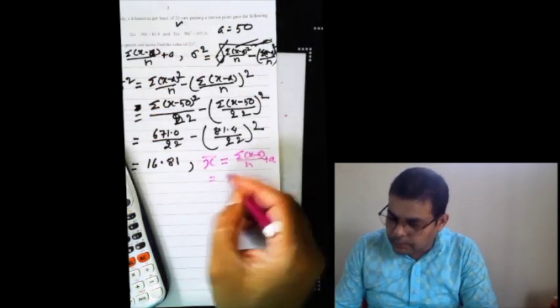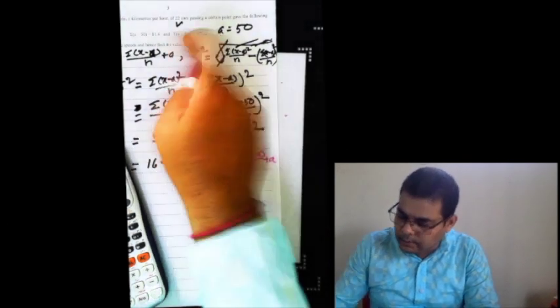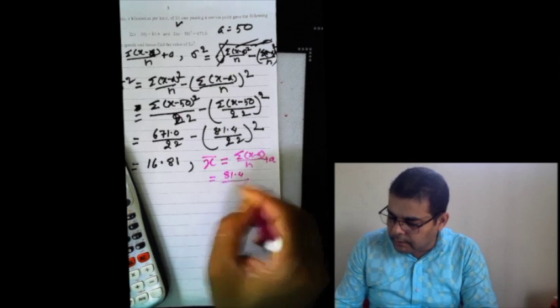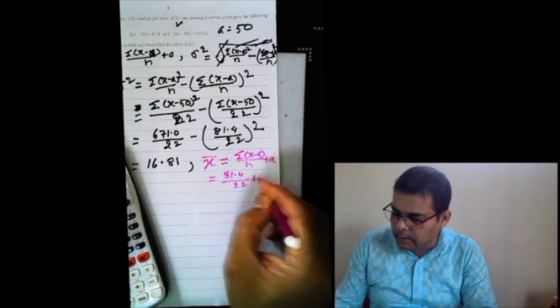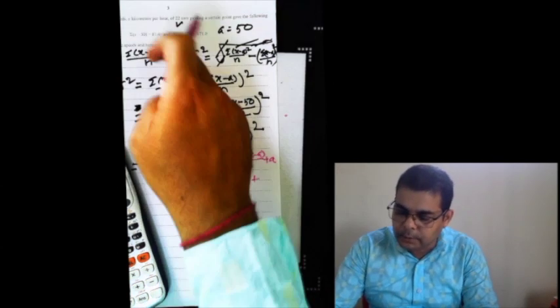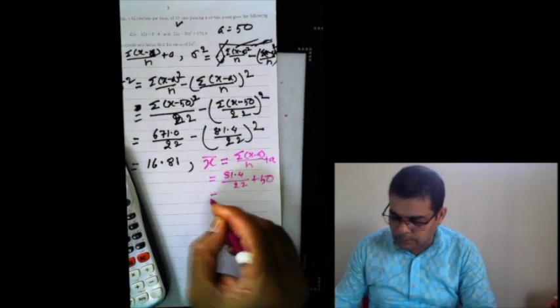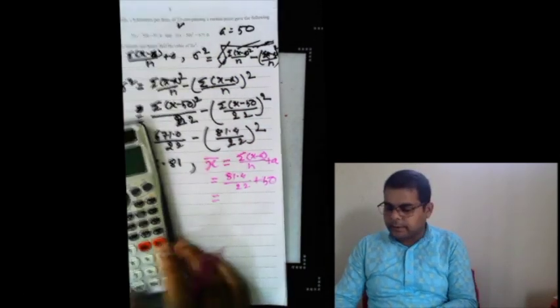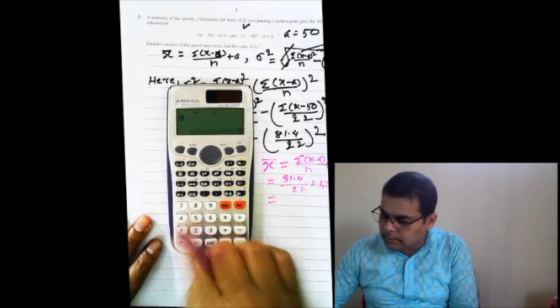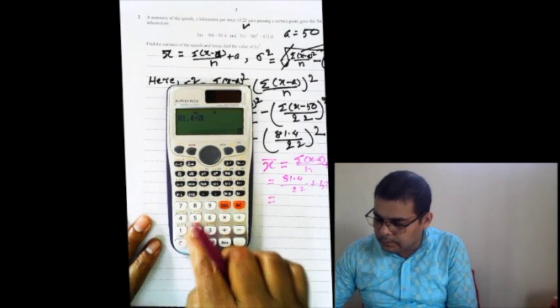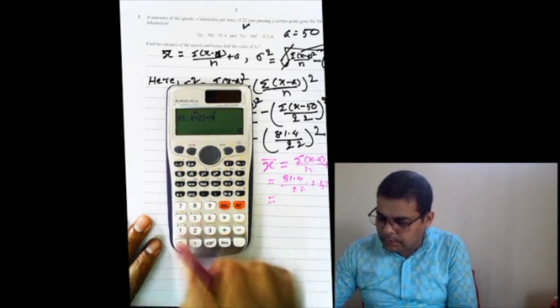So we can write x bar minus 50 value is 81.4 divided by n, which is 22, and plus a, you can see here in place of a there is 50, so you can write 50 here, and that is equal to, if you use the calculator, 81.4 divided by 22 plus 50.